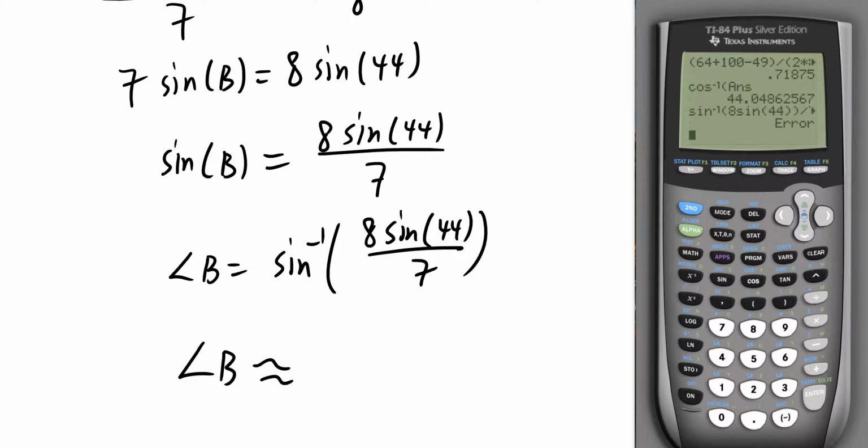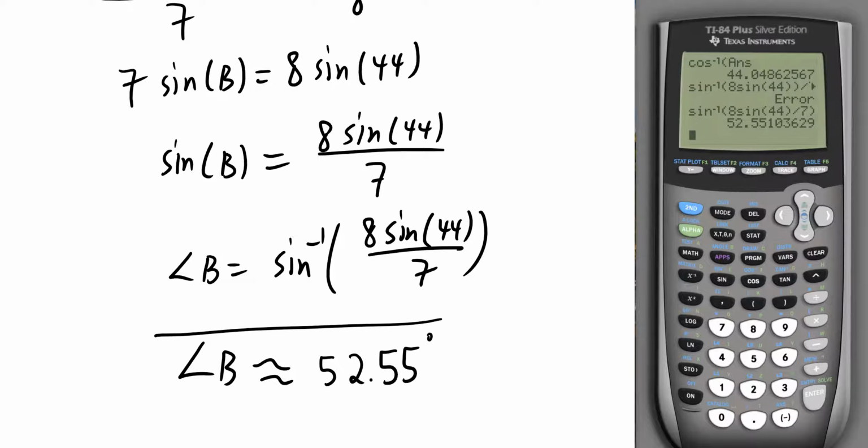Oops, maybe I duplicated. Yes, I have more parentheses than I need. So sine inverse again, 8 sine 44, that closes this parentheses, and then divided by 7 and close the big parentheses. That gives us about 52.55 degrees. That's angle B.